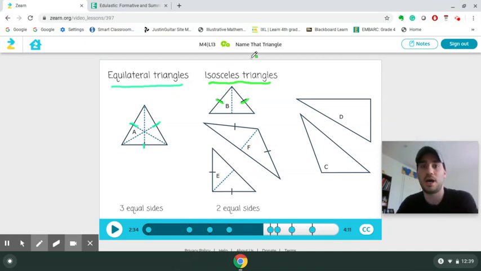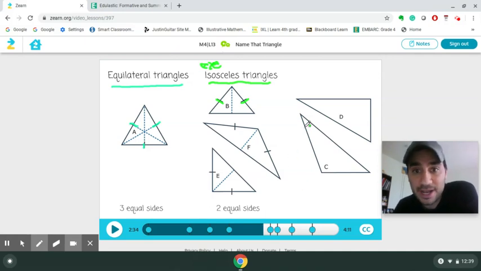And we call it an isosceles triangle. Say it with me, isosceles triangle. You sort of pronounce it like an eyeball. Say it one more time, isosceles triangle.